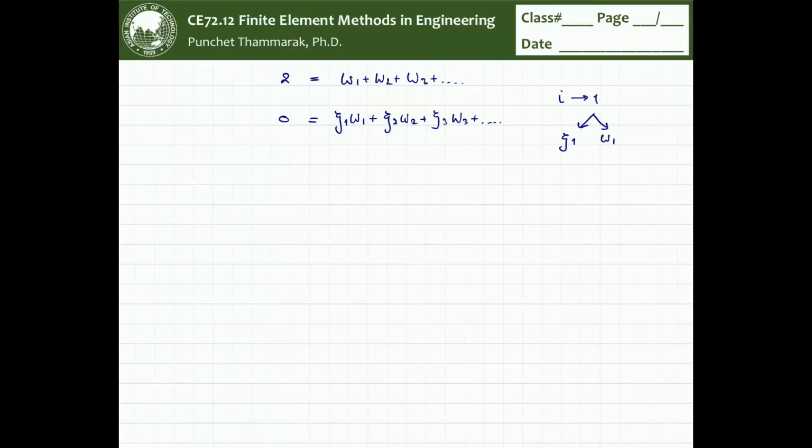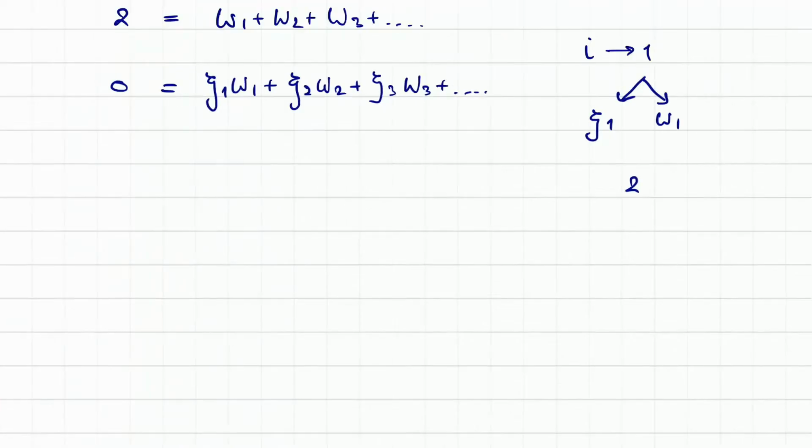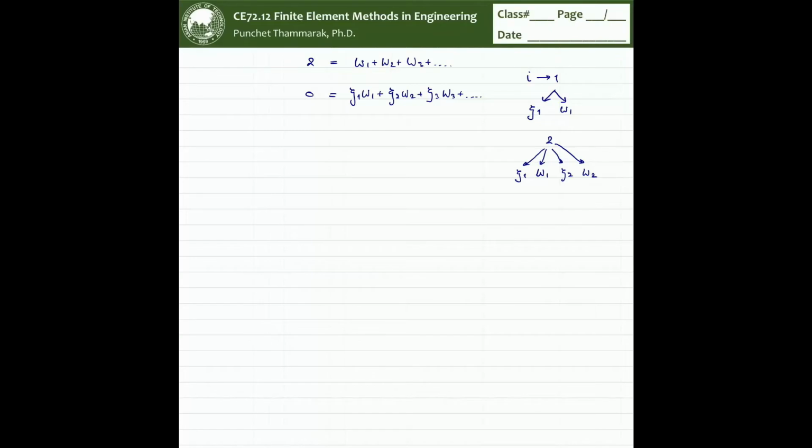Once you have 2 points, you're going to have C1 W1 C2 W2. That's going to break you down into 4 unknowns.